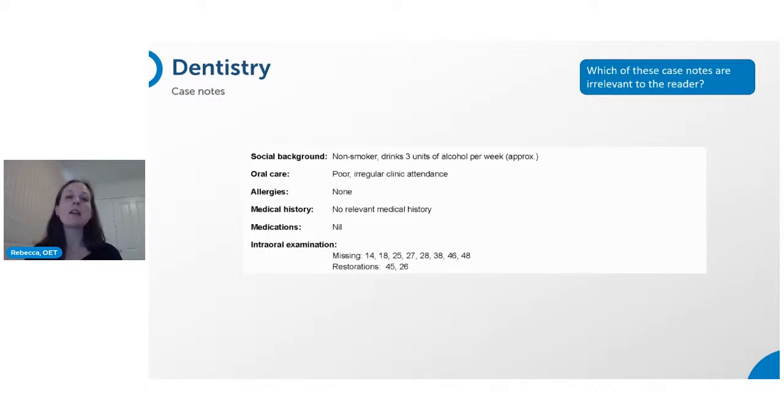So thinking about our reason for writing, the treatment record for this patient, what would you say are the reasons for writing? What are the irrelevant details? So you can choose from the poll, you can choose more than one answer option. Which of those headings would you say are irrelevant to the reader?